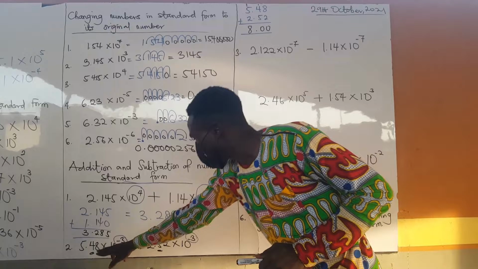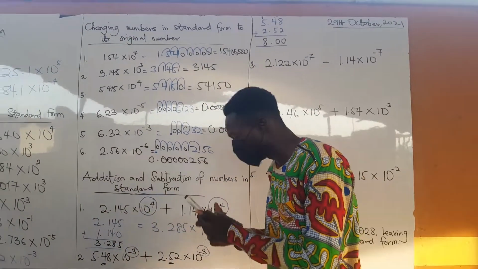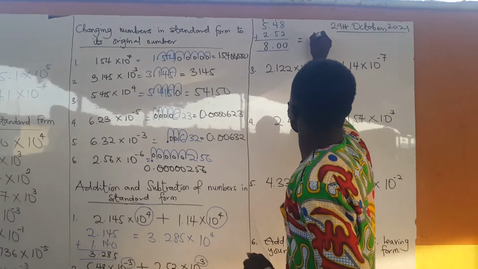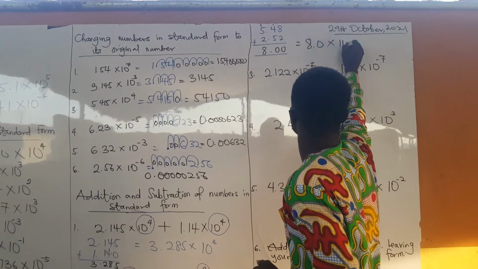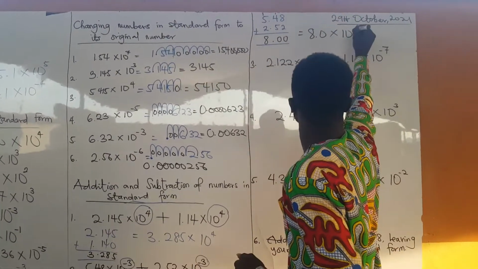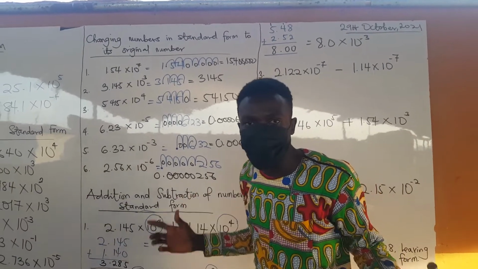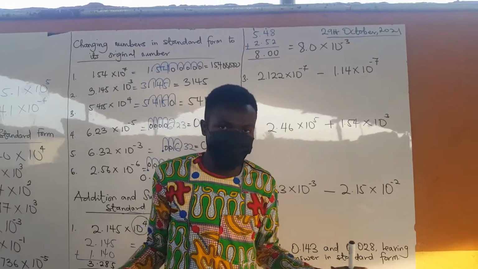So putting this together, because the powers are the same, my final answer becomes 8.0 times 10 raised to the power negative 3. You just go straight forward and perform the operation.